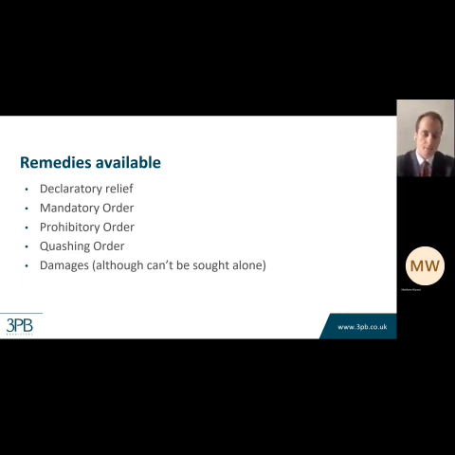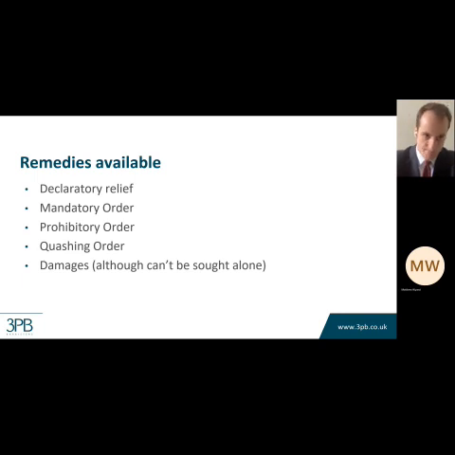Won't always be the case. Sometimes it's enough to get the local authority, the public body, to look at the issue again, and when they do and follow the correct procedure, it does lead to a different outcome. So it is powerful, but it's not guaranteed to lead to a different outcome. Last, but by no means least, damages. These can't be sought alone, but often follow from one of the other remedies.